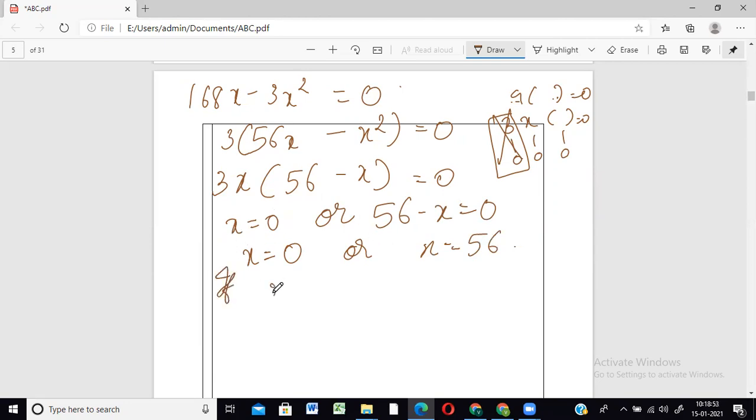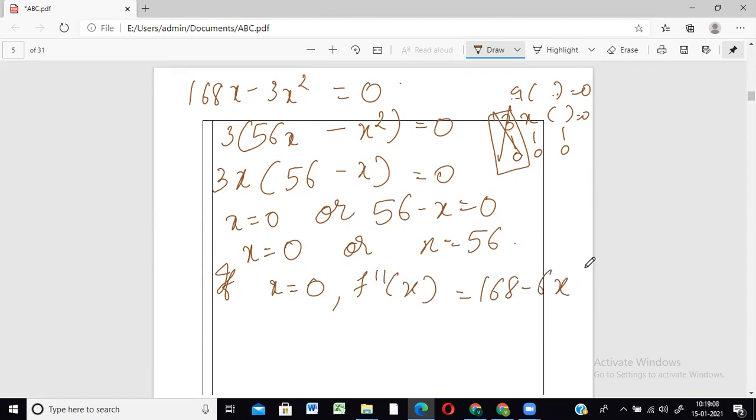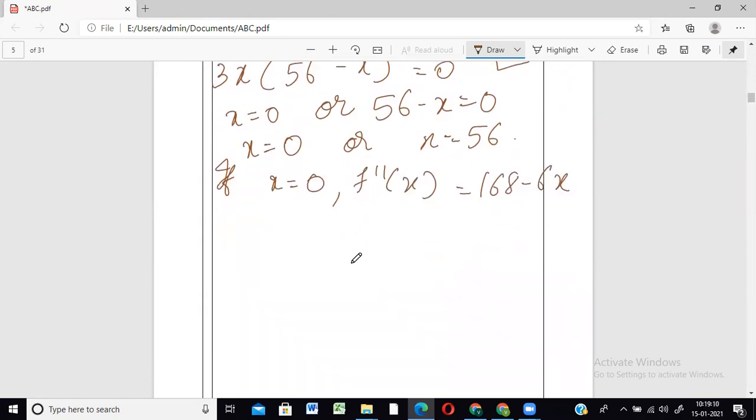So if x is equal to 0, what are we doing? Those values of x that we got, we're going to substitute in f double dash of x. F double dash of x will be equal to 168 minus 6x. So after substituting, what do we get? F double dash of 0, because in place of x we're going to substitute 0.